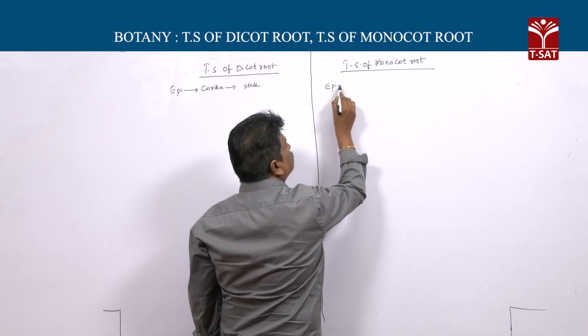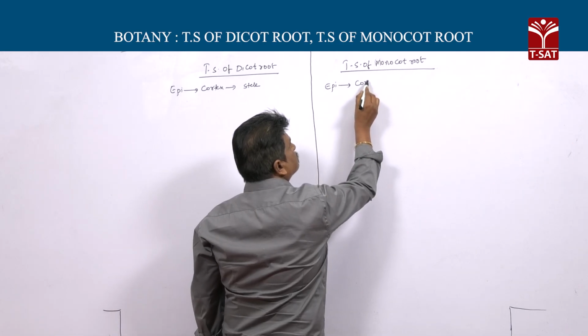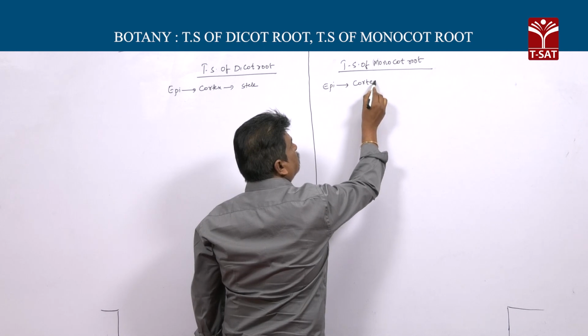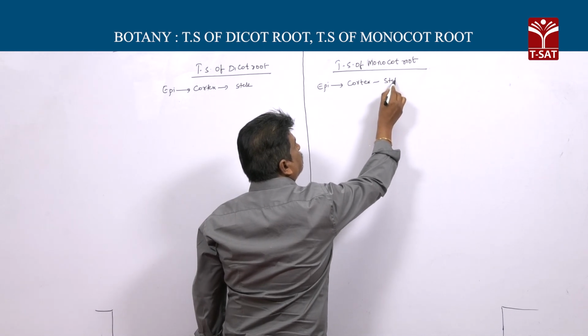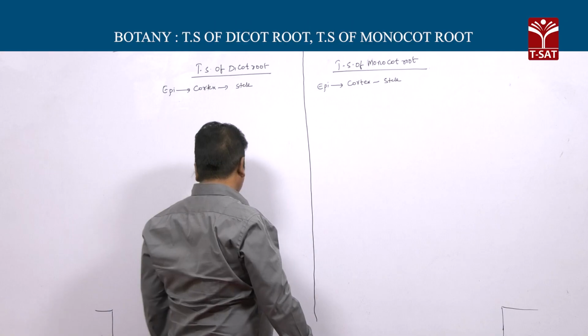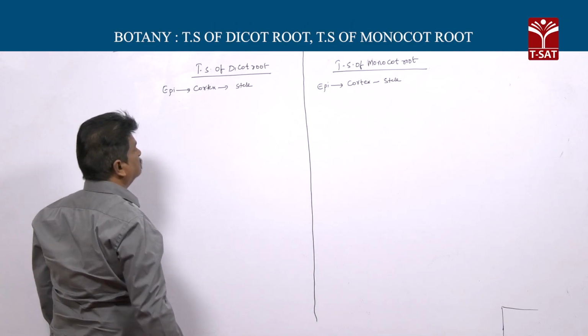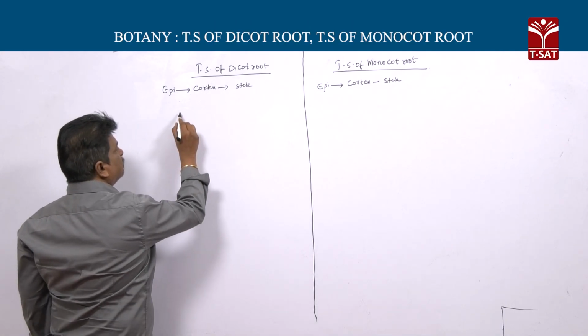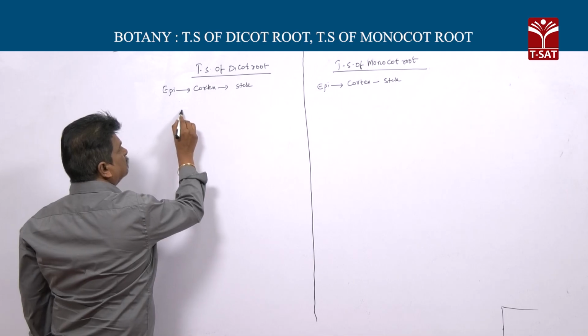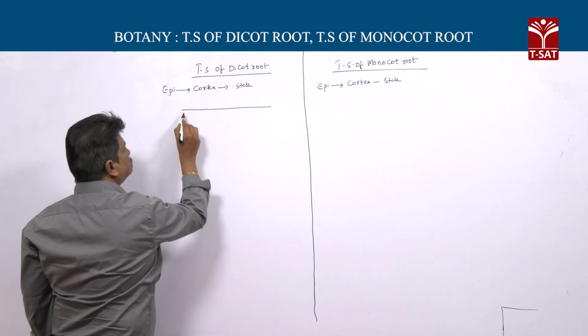Even in Monocot root, it shows three parts: epidermis, cortex and stele. So first one, epidermis.